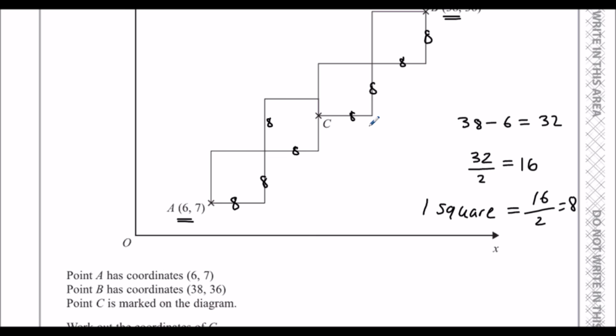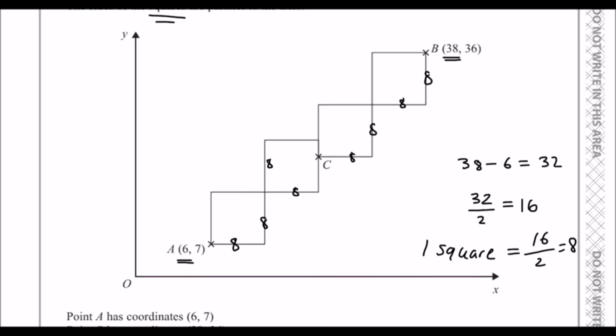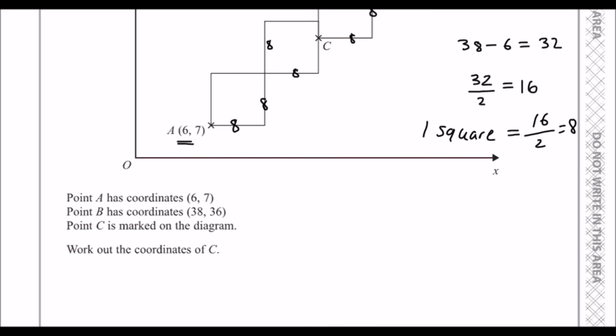So we can work out where C is now if we just go back 2 squares from B. So we take away 16 from the X and take away 16 from the Y, and that will give us our coordinates.